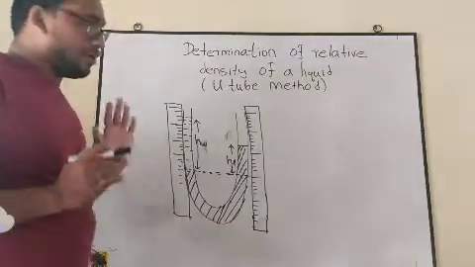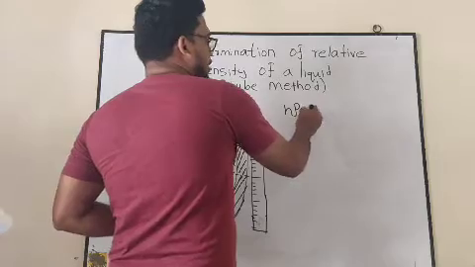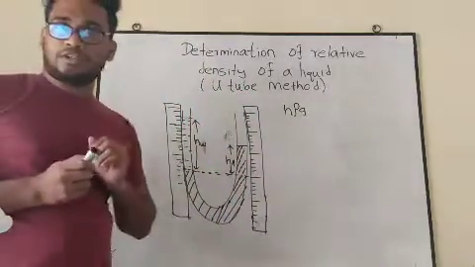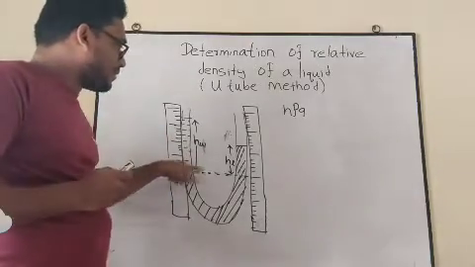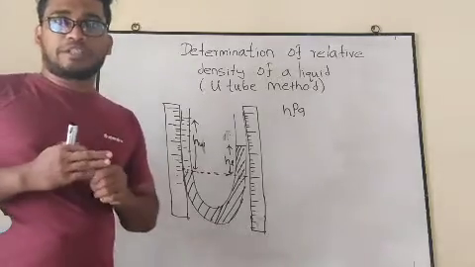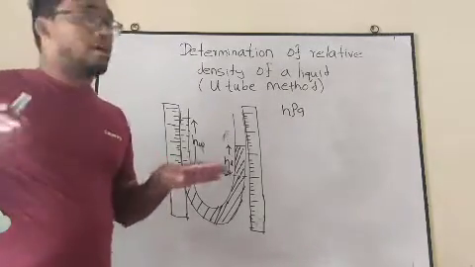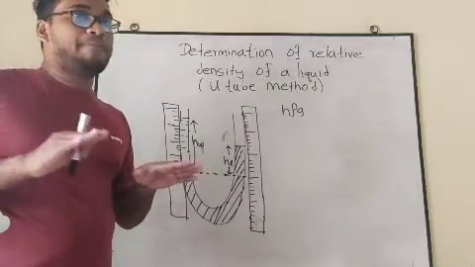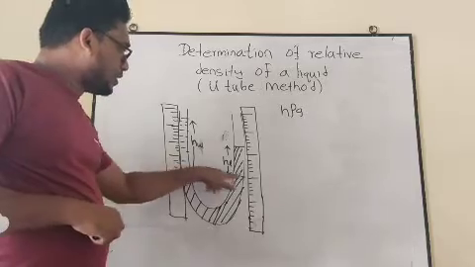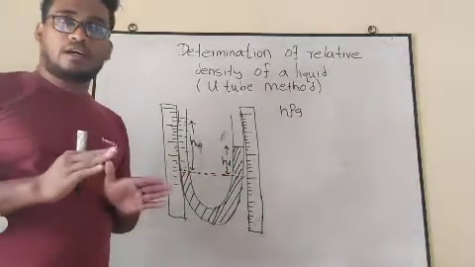Look at here, I already taught H rho G. The hydrostatic pressure equals H rho G. At the same level of liquid, the hydrostatic pressures are equal. So at the common interface, the hydrostatic pressures are equal.